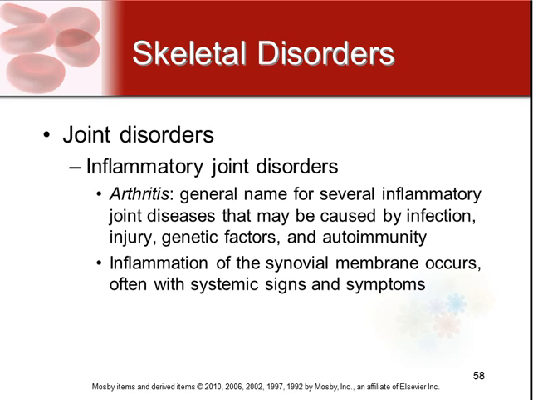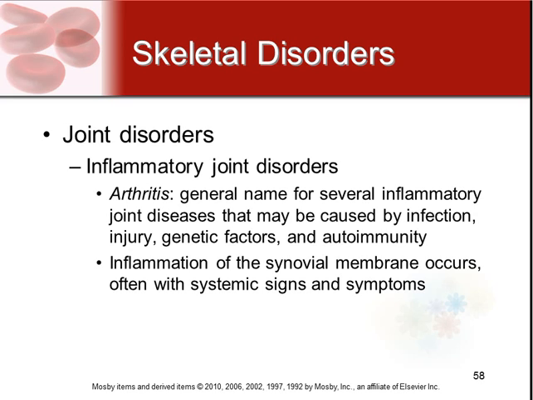So now we've talked about the non-inflammatory types of diseases. There are also a lot of inflammatory types of diseases, like arthritis. Osteoarthritis is a non-inflammatory type, but a lot of them are inflammatory. So arthritis in general normally refers to an inflammatory joint disease.